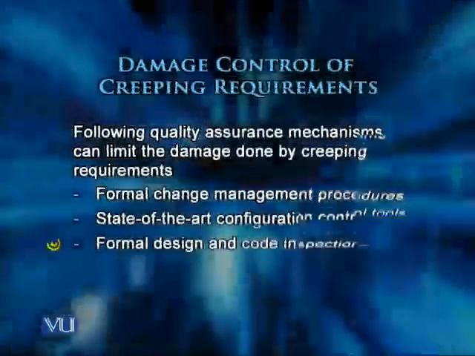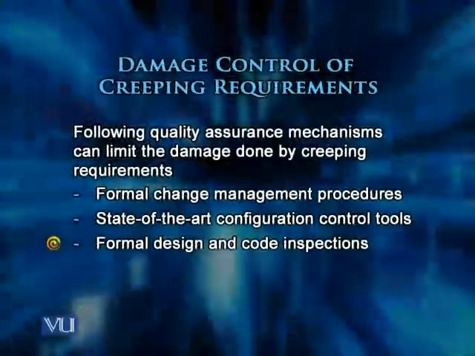Second is the state-of-the-art tools implementing that policy and procedures. And third is the formal design and code inspections. We have had a little bit of introduction on what inspections are, and we will have specific lectures set aside on software inspections. So we'll talk about what software inspections are at that time.